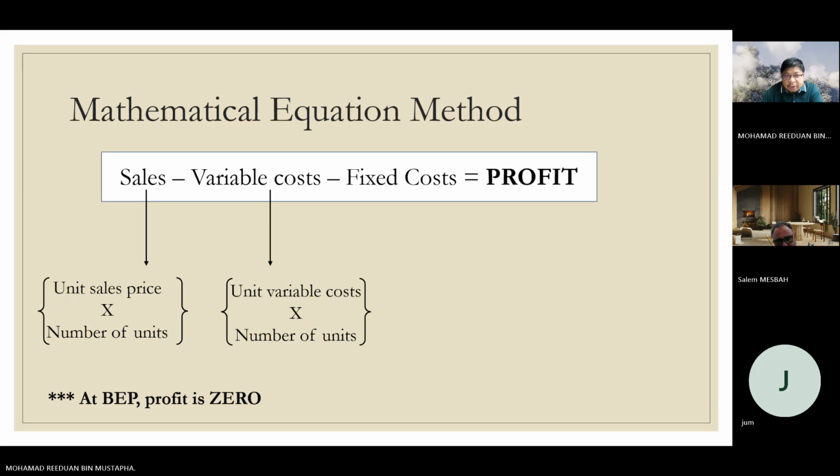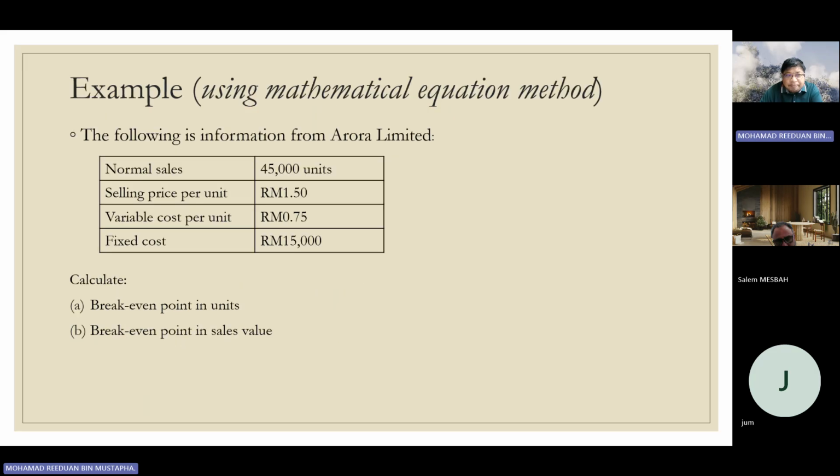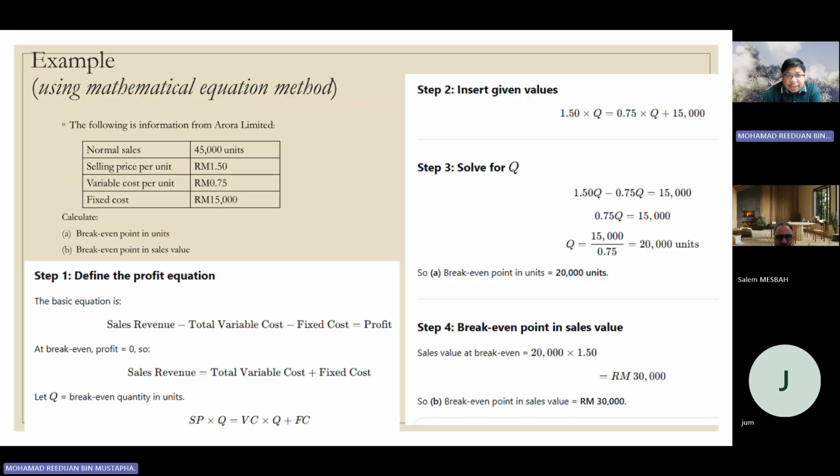Based on this example, we need to know the break-even point in units. So how do we calculate it using the mathematical equation method? I summarize it step by step. Using the mathematical equation method, define the profit equation.